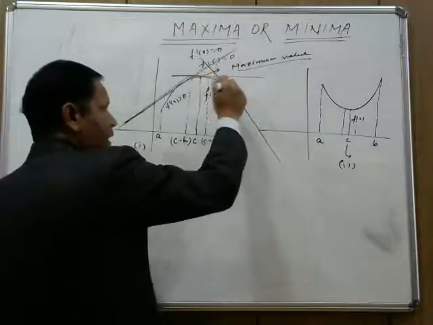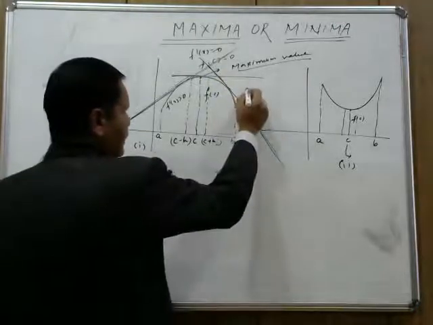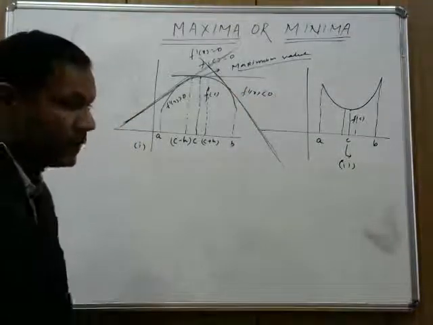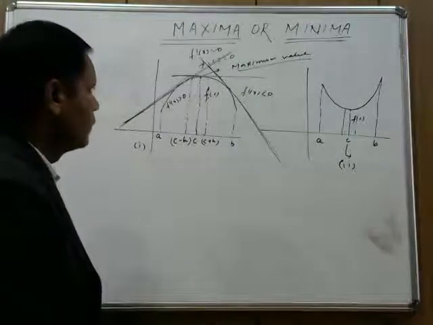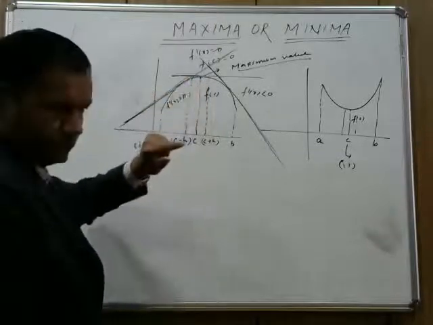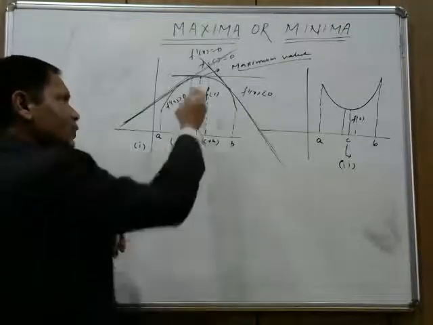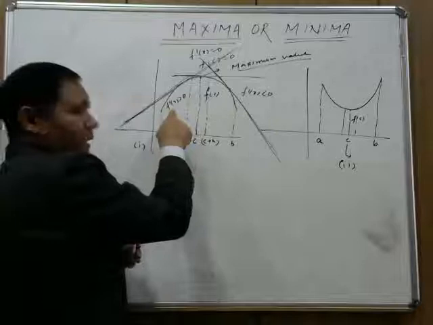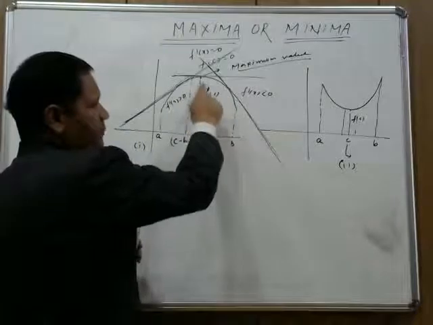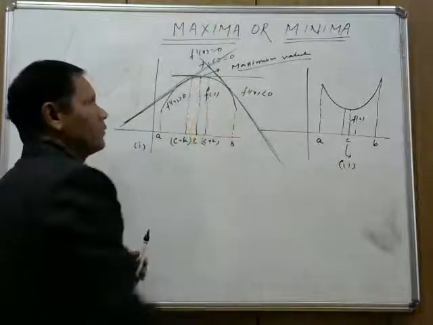After c, if I take any point, here the slope becomes negative, isn't it? Here f dash of x is less than 0. That means in the other form, we can say that C is the point of local maxima if I take any value before C and its slope is positive, and after C if I take any point and its slope becomes negative.